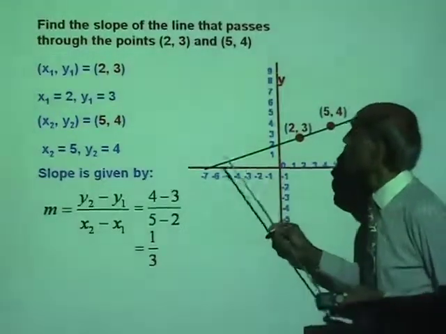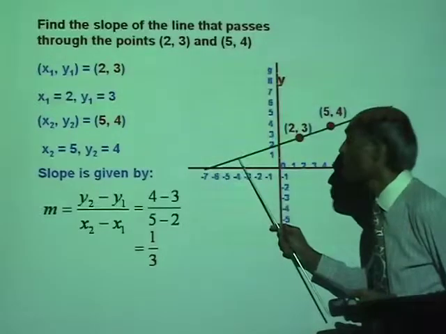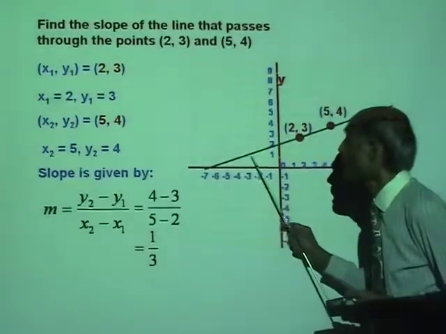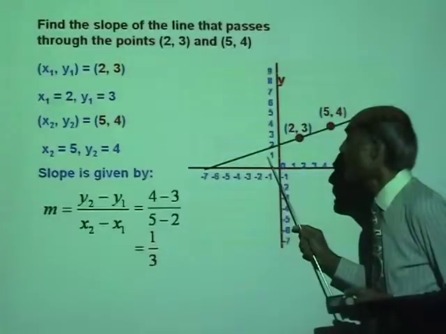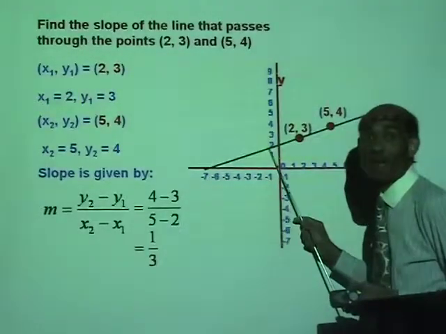This is true for any point. Look at this. I'm going to start here. I'm going to walk 3 units, 1, 2, 3. And how much do I rise? 1 unit. I'm back on the line.